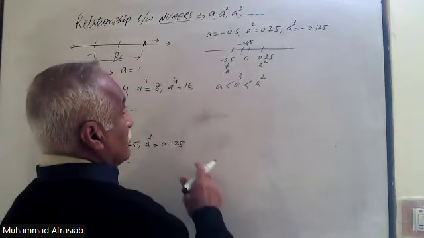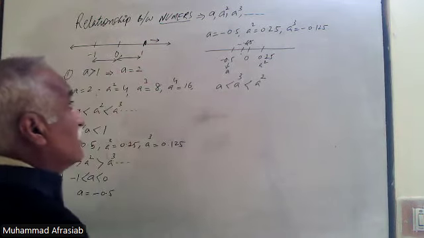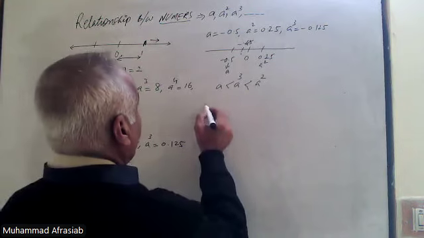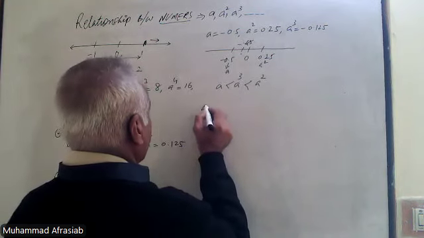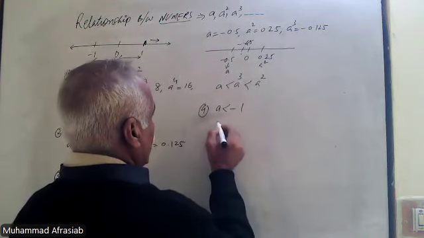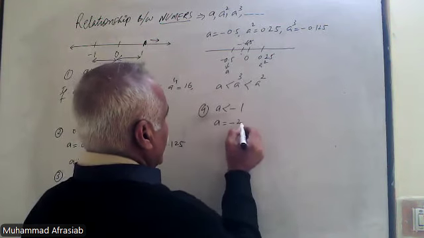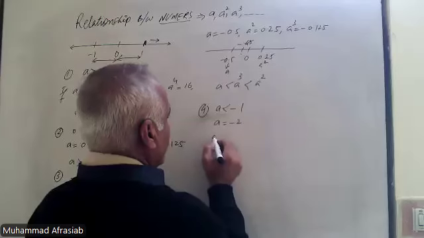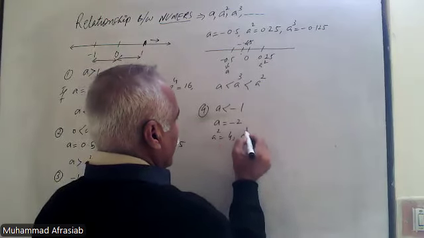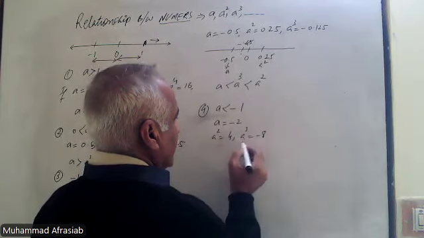So this is the way that you define the numbers that lie between -1 and 0. But the fourth one is, if a is less than -1, suppose a is equal to -2, then a square will be equal to 4, and a cube is equal to -8.